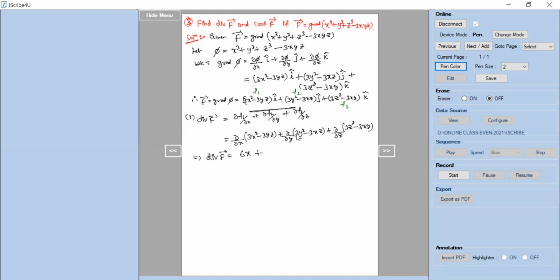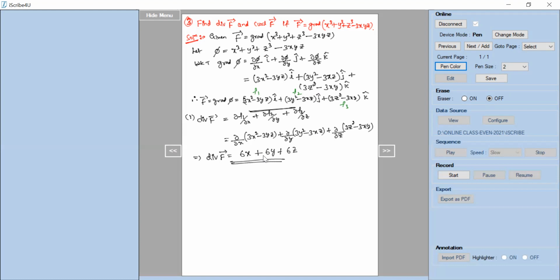You know y square is 2y, 2 into 3, 6y. And here there is no y term, so it is 0. So it is 6x plus 6y, plus differentiation of z square is 2z. So 2 into 3 it is 6z, and here there is no z term, it is 0, plus 6z. So this is the divergence of this vector. Div f is 6x plus 6y plus 6z. So this is how we can calculate the divergence of a vector.